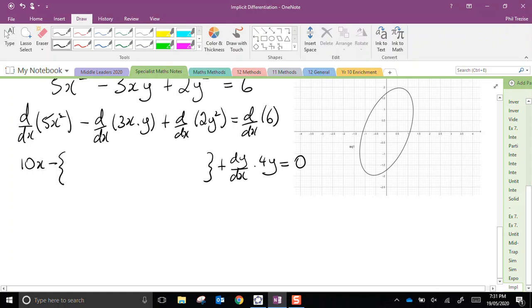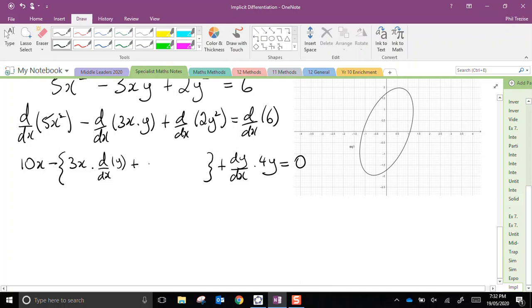We need the derivative of a product. And that suggests that we should use our product rule. Our product rule tells me that we take the first term, 3x, and multiply by the derivative with respect to x of the second term, literally d over dx of y.